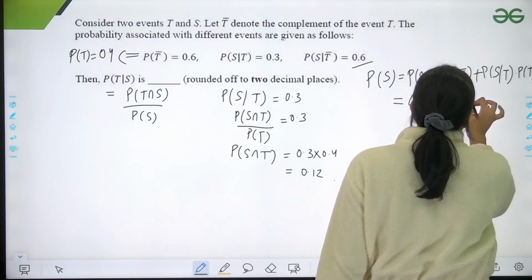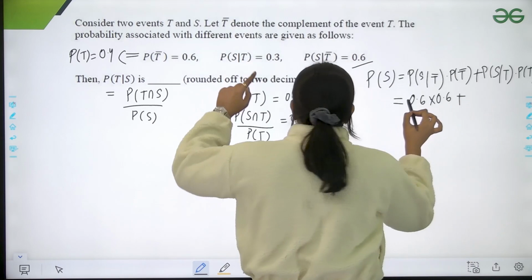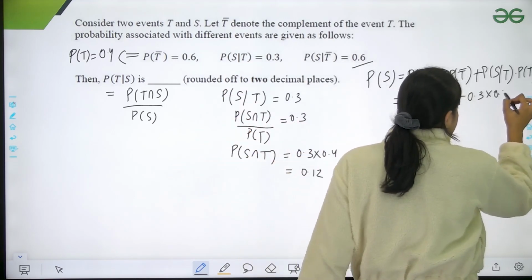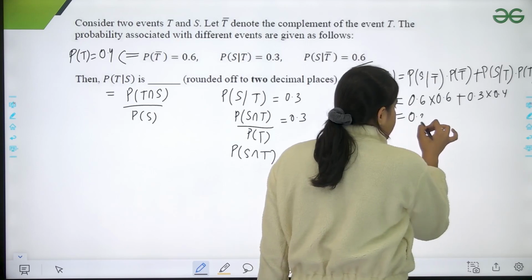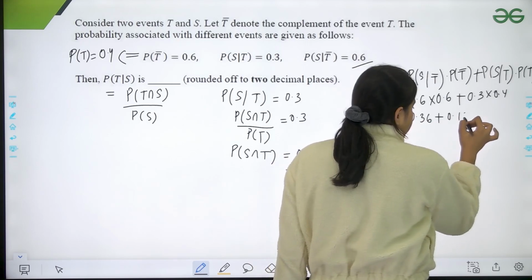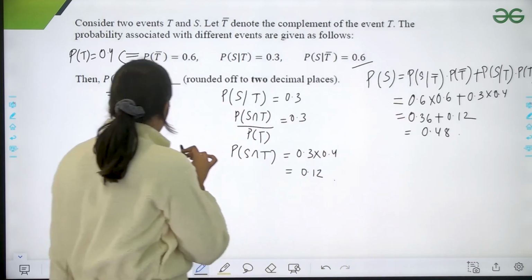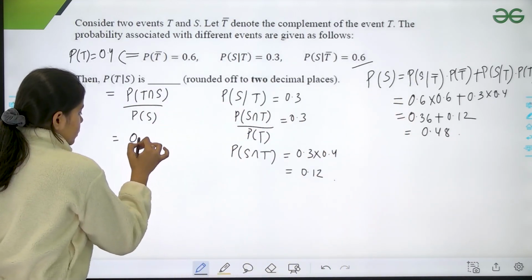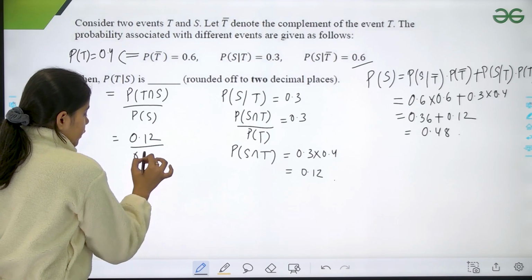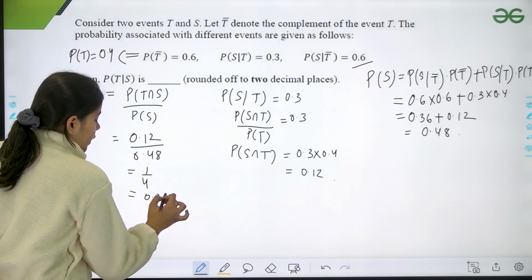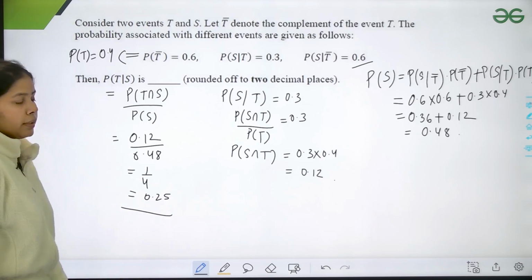Probability S given T, already I have 0.3, and I found probability of T, that is 0.4. So we'll get 0.36 and 0.12. So we get 0.48, right? So let's write down 0.12 upon 0.48. So we'll get 1 by 4, that is 0.25, is my final probability, right?